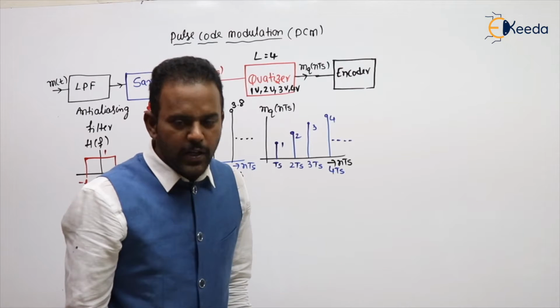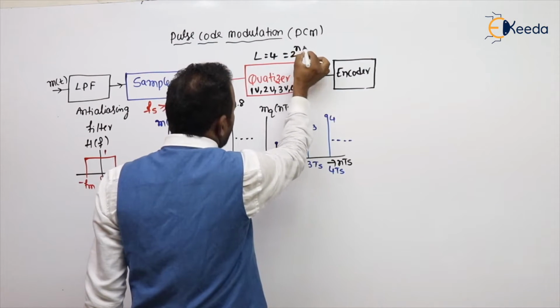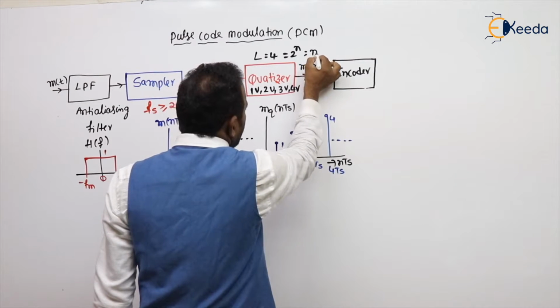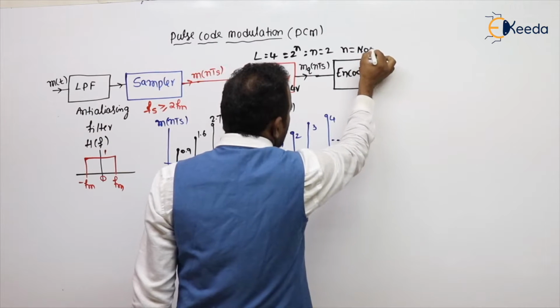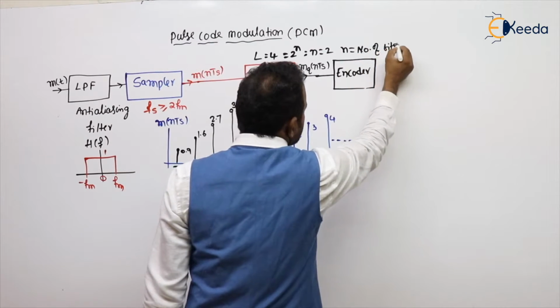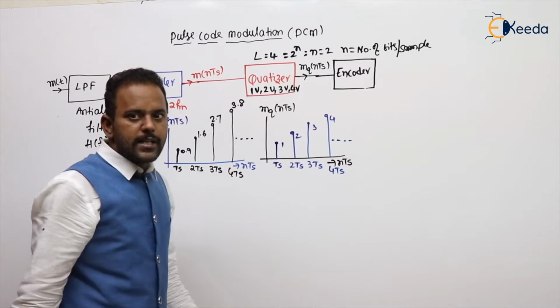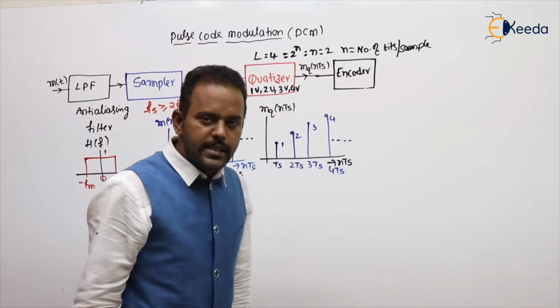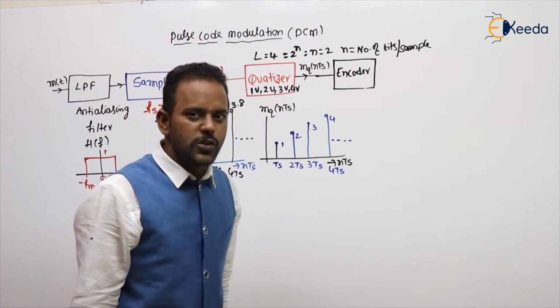Are you getting my point? So that is, L is also equal to 2 power n. In this example, I can say n is 2, where n is called, students, number of bits per sample. Here L value is 4, so n is 2.